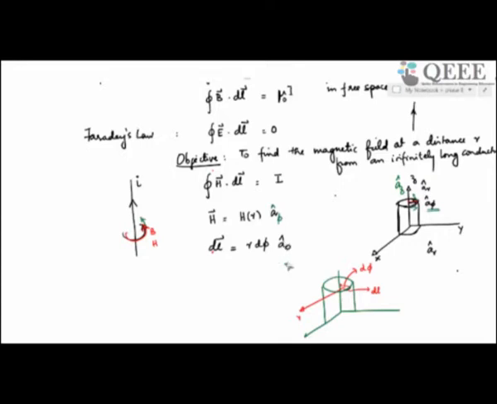So loop integral H dot DL would mean H as a function of R in the A phi direction dot R D phi along the A phi direction. Now your variable is phi, and that phi is this angle.